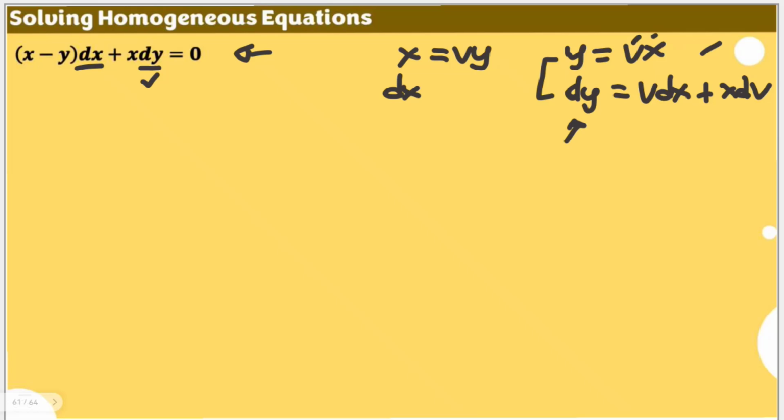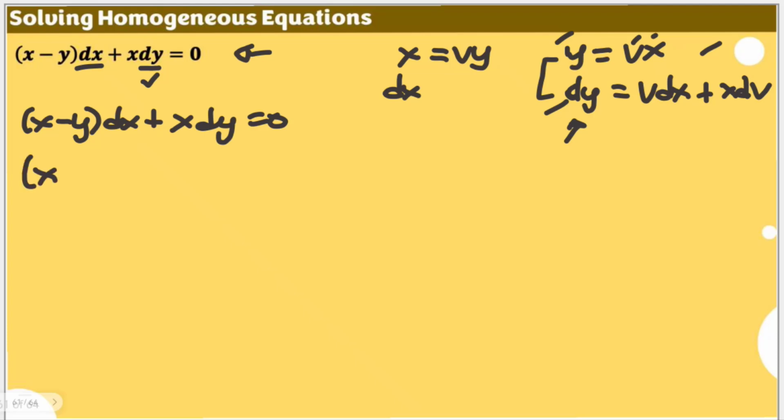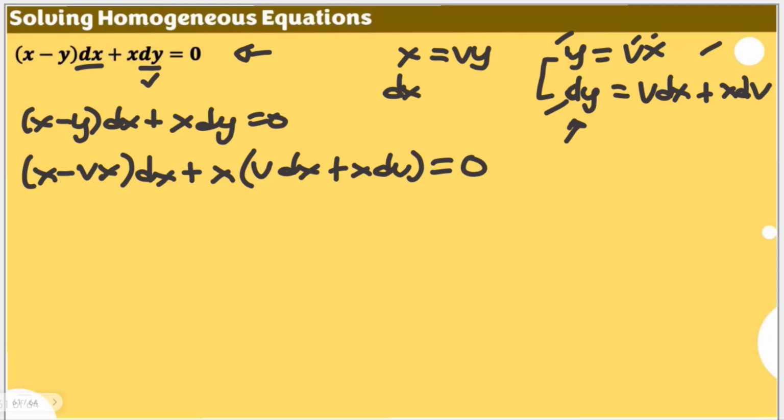Instead of x minus y dx plus x dy equal to 0, we now have the representations for y and dy respectively. This becomes x minus your y, which is vx, dx, plus x times your dy, which is v dx plus x dv, equal to 0.